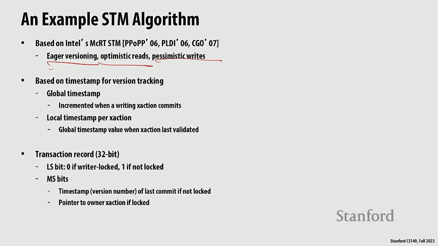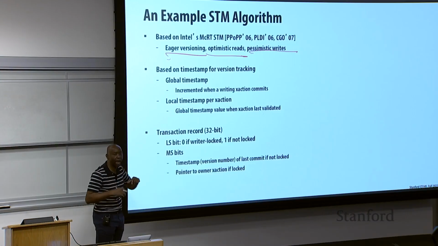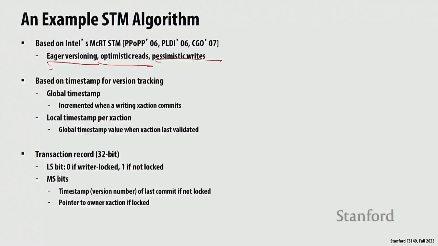And so it's based on this idea of versioning or timestamping to determine what data is being shared by multiple transactions. The idea is that there's a global timestamp that is incremented when a transaction commits, right? So any transaction that commits in the system increments the global timestamp.